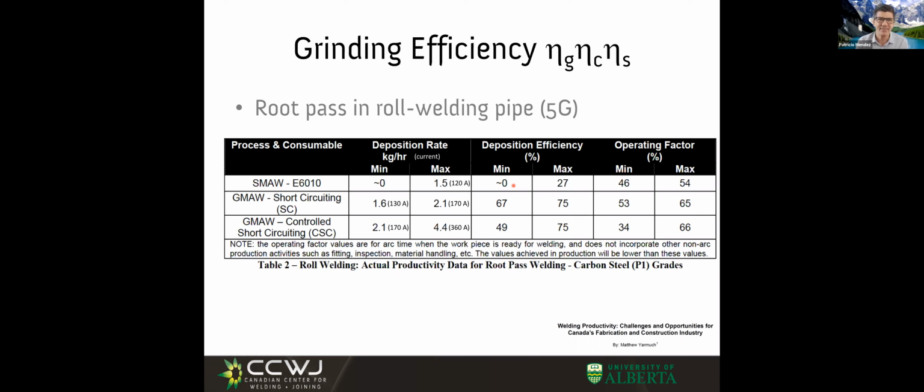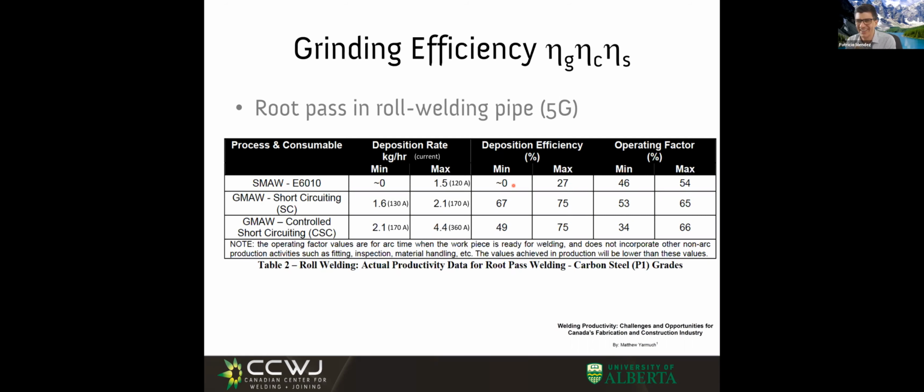Well, what happens is this. After you put this pass, you have a root pass, you have the two ends of the pipe together, right? And you ground it, and you have been grinding parts of the joint prep, right?